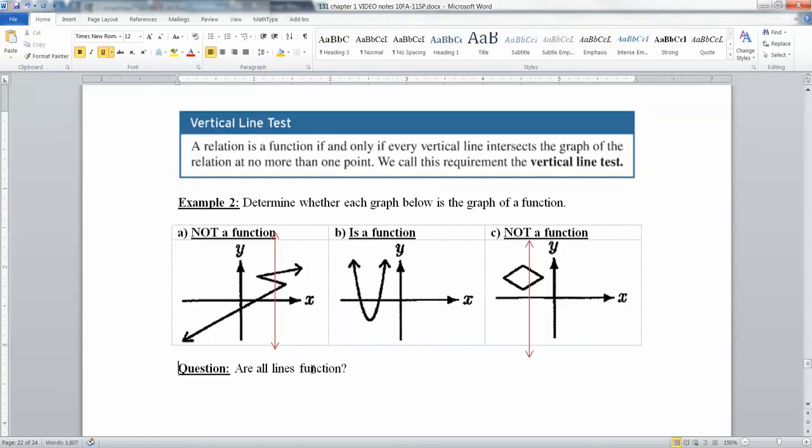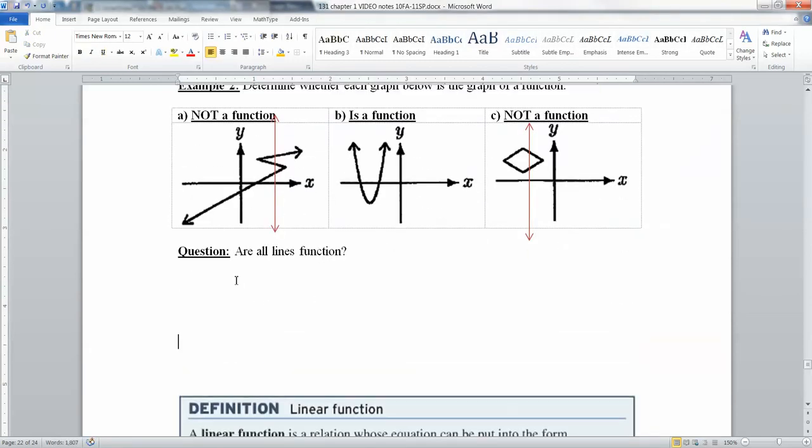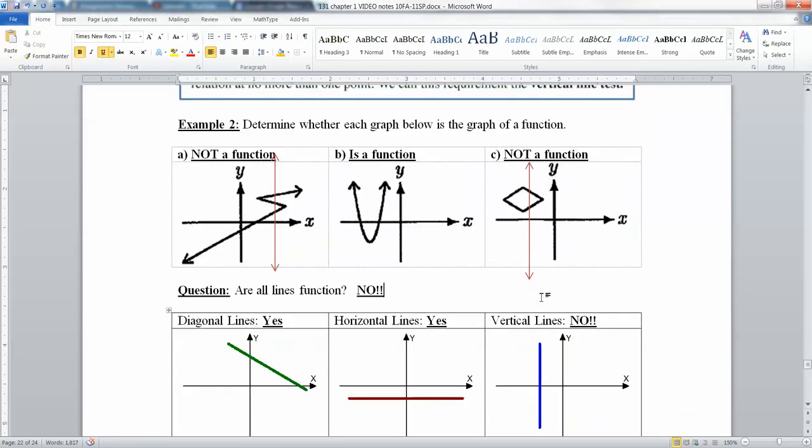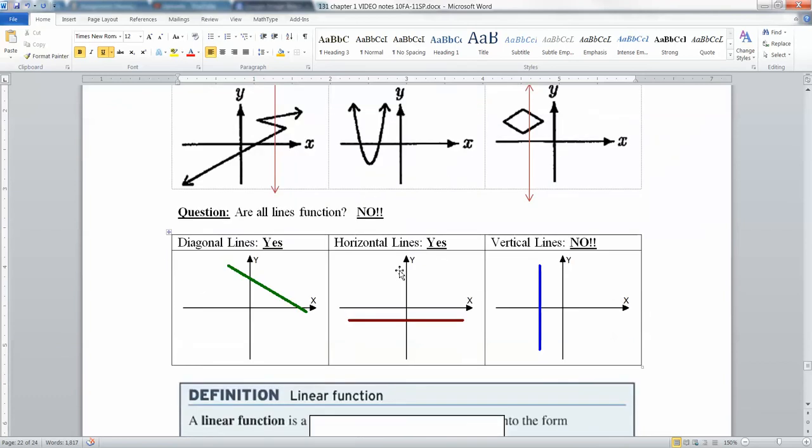All right, that leads to another question, which is, are all lines functions? And the answer is a big fat no, right? But let's prove it. Okay, so why am I saying no? Poof, it's like magic. Okay, so diagonal lines are always yes. So diagonal lines are ones that fit into, and it doesn't hurt us to remind ourselves, y equals mx plus b, right?